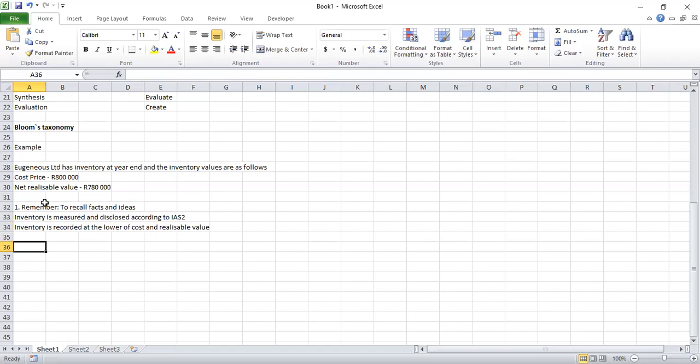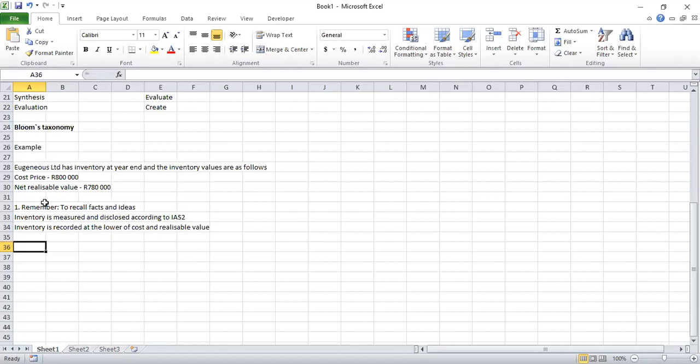Let's say the cost price is broken down. You can understand the items that are supposed to be included in cost and the items that are not. You can also know the formula to determine the net realizable value.